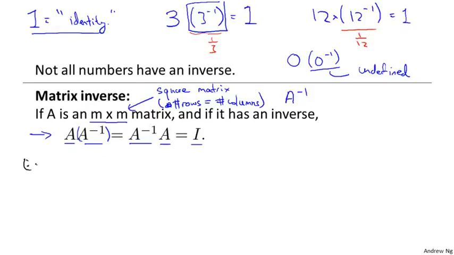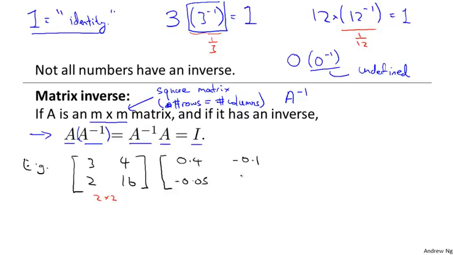Let's say I have the matrix 3, 4, 2, 16. This is a 2 by 2 matrix, so it's a square matrix, and so this matrix could have an inverse. And I happen to know the inverse of this matrix is 0.4, minus 0.1, minus 0.05, 0.075.